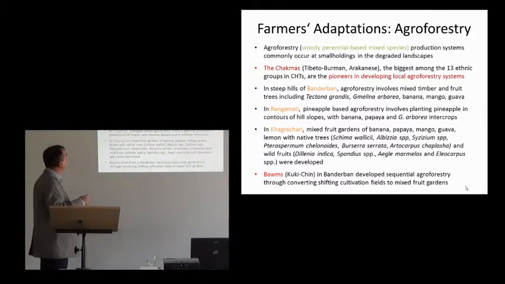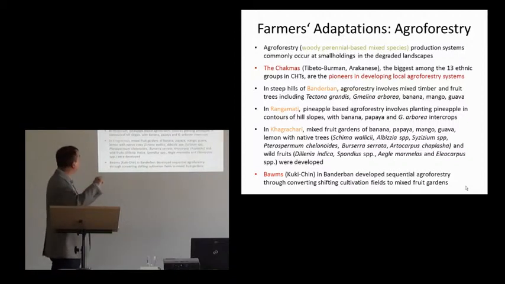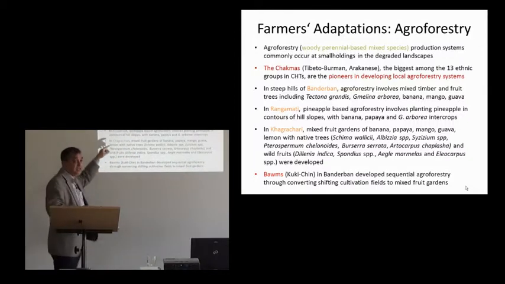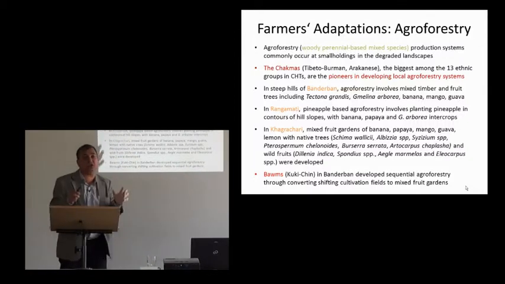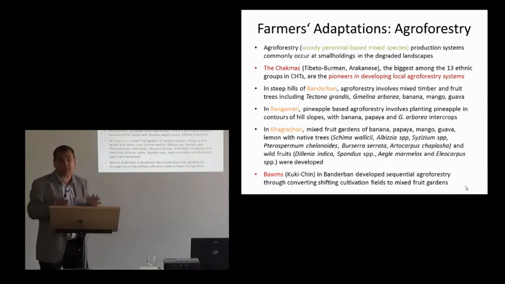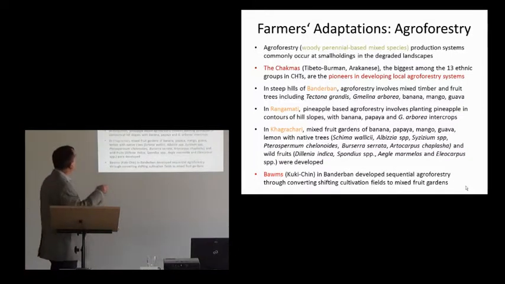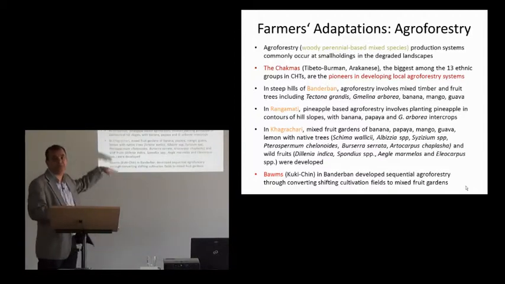And steep hills, as I mentioned earlier, we have three districts there: Bandarban, Rangamati, and Khagrachari. The Bandarban hills are very steep, in Rangamati the hills are moderately sloped, and in Khagrachari they are very low hills compared to the other two. So depending on the topographic conditions, farmers have developed different kinds of agroforestry systems.